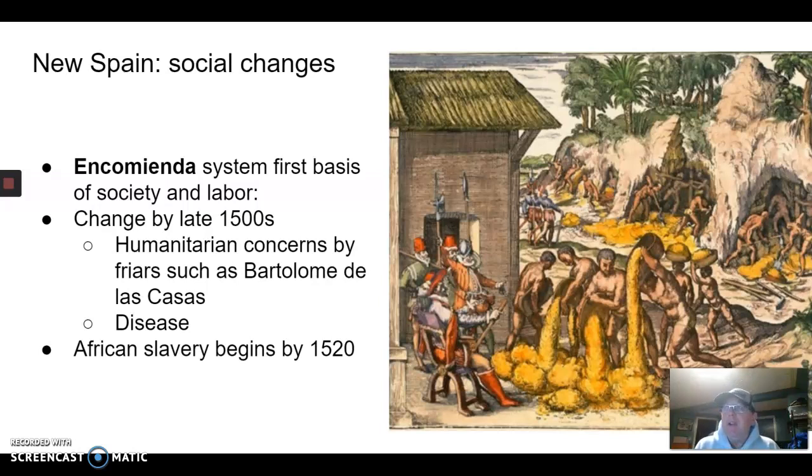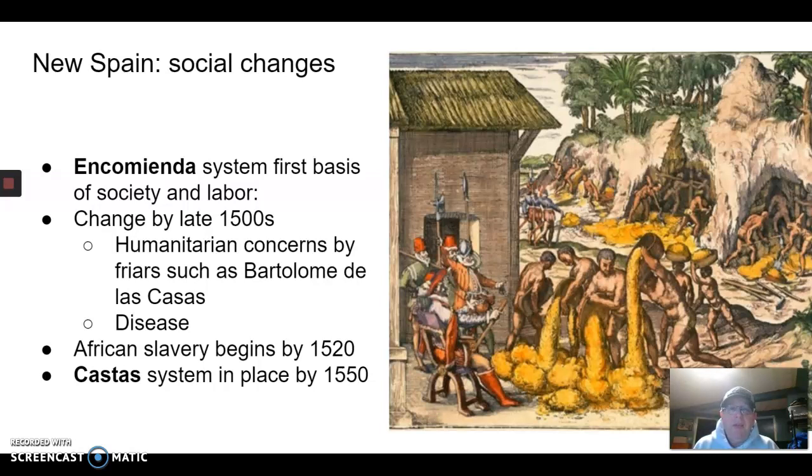And African slavery also begins by 1520. And sadly, Las Casas is one of the people who advocates that. It's funny, he saw the humanitarian concerns for Native Americans, but not for Africans. And by the mid-century, Spain has put a strict caste system in place where people born in Spain are at the top, Spaniards who are born in the New World next, and then pretty much everyone below that on some kind of scale.